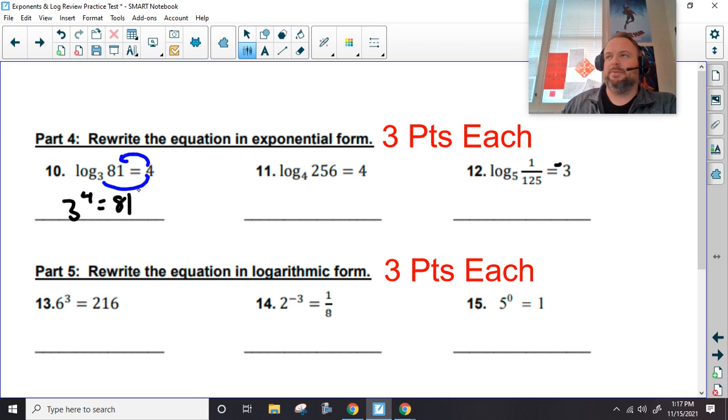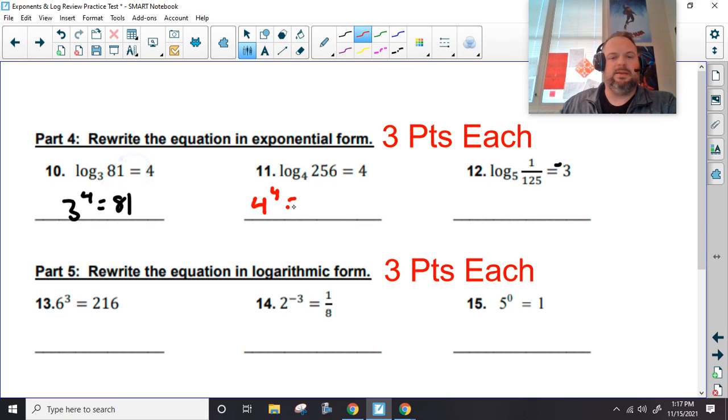So literally, it almost goes full circle. This is 4 to the 4th equals 256. And then 5 to the -3rd power is 1 over 125.